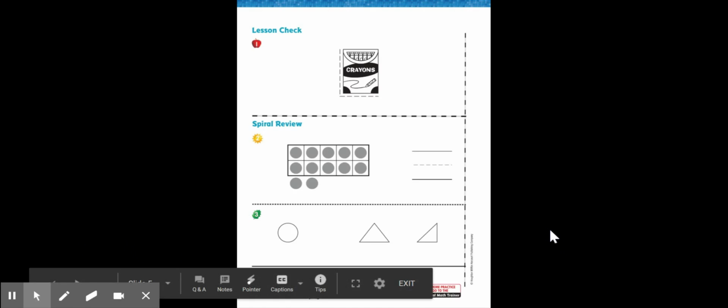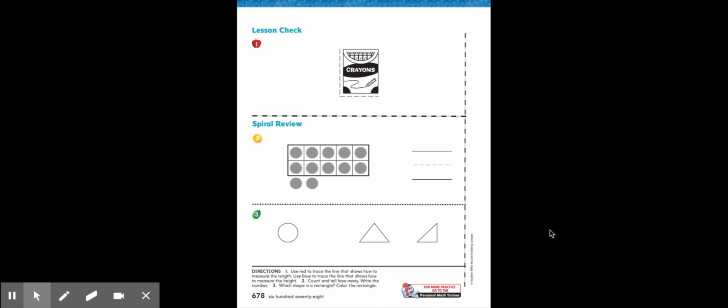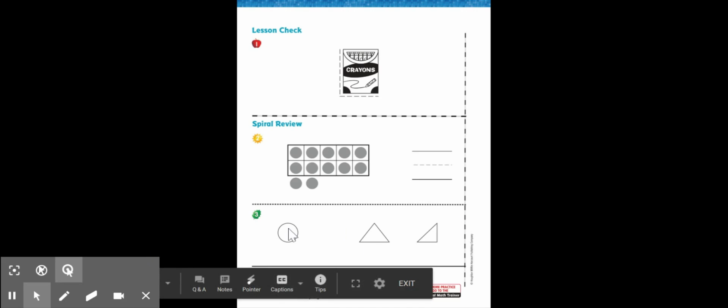Then in green leaf number 3, they're going to ask you to identify a rectangle. Wait, I don't even see a rectangle. That is strange.